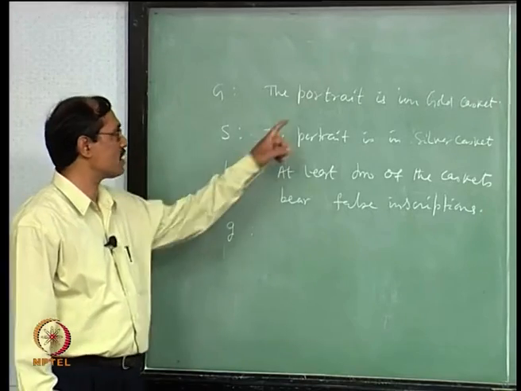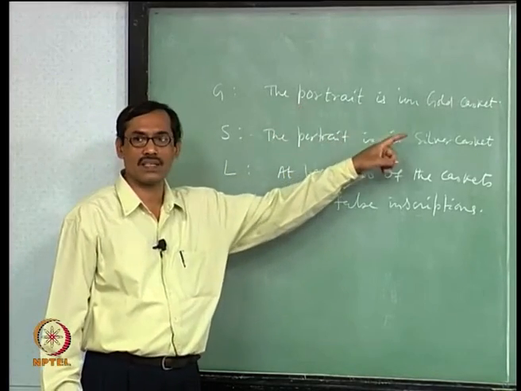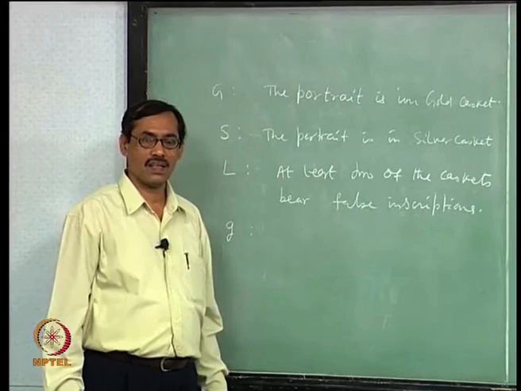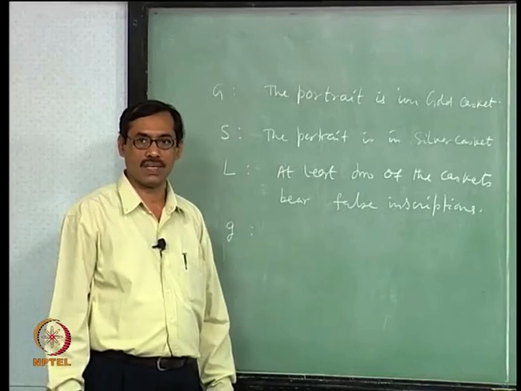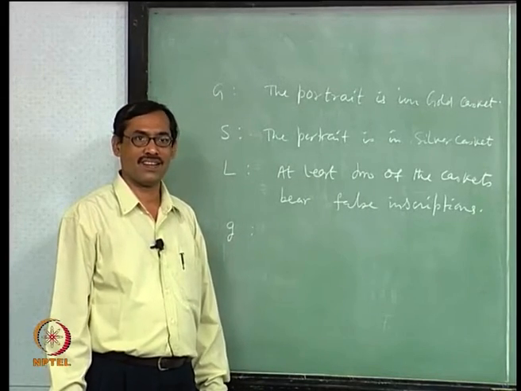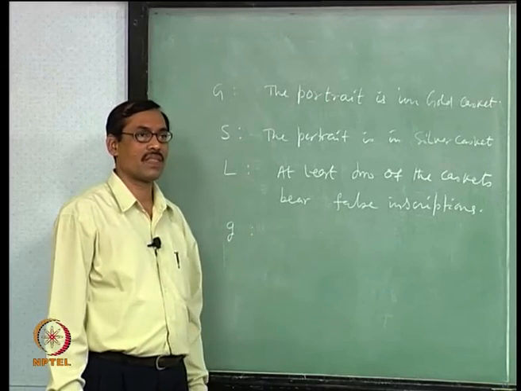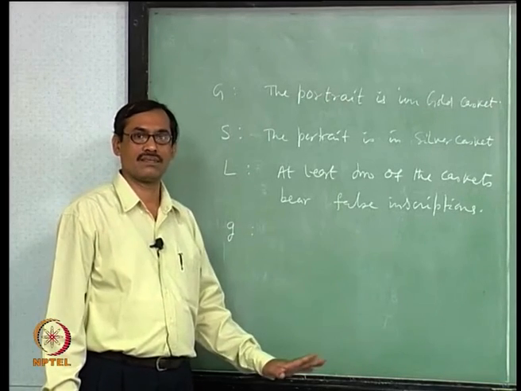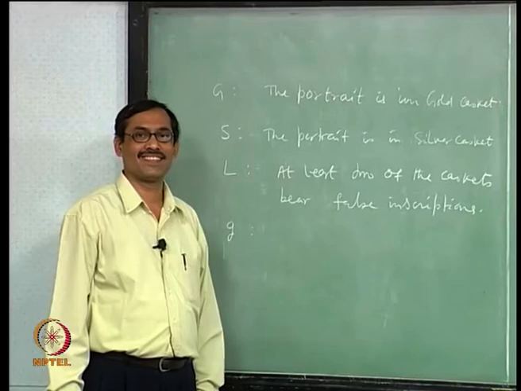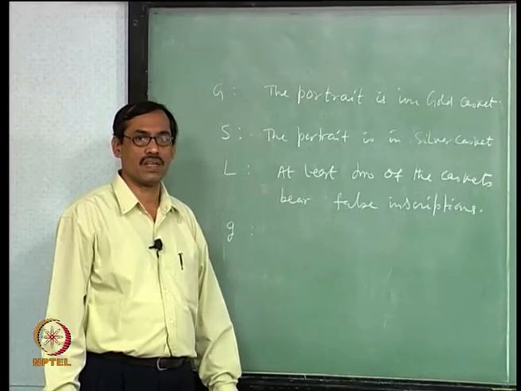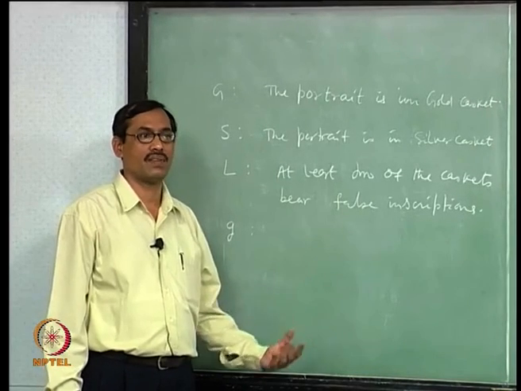See, one is the inscription you are writing, "the portrait is in gold casket," that is the inscription, but where the portrait actually is you do not know; that may be true or false. So, let us write small g to mean the portrait is in the gold casket. It is not the inscription, it is where the portrait is, for that we are symbolizing.